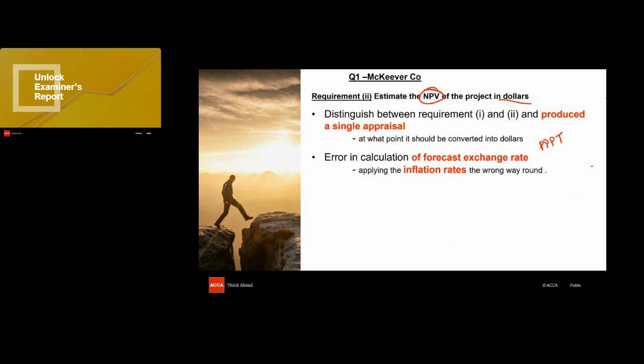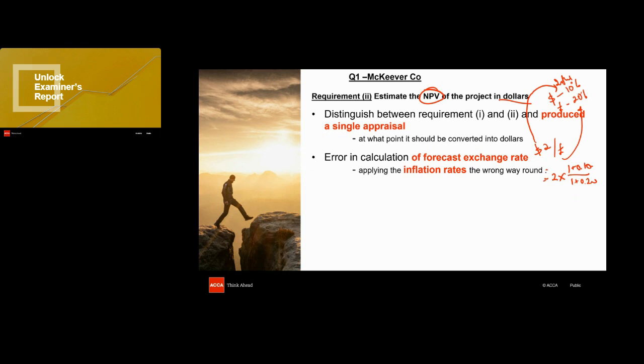What is the easiest way to ensure that you don't go wrong? Suppose it is given $2 per pound, and the dollar inflation is 10% and pound inflation is 20%. How do you find the forward rate, the forecast rate, for year 1? The rate is equal to 2 into the dollar inflation on the numerator, that is 1 plus 0.10, and the pound on the denominator, 1 plus 0.20.